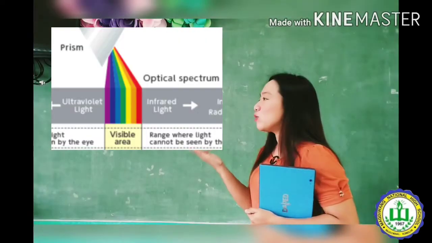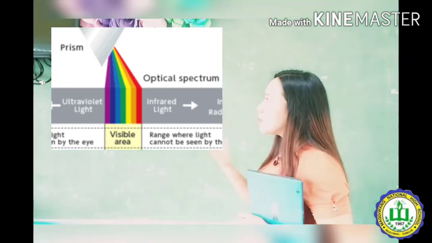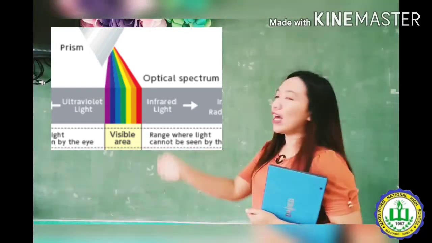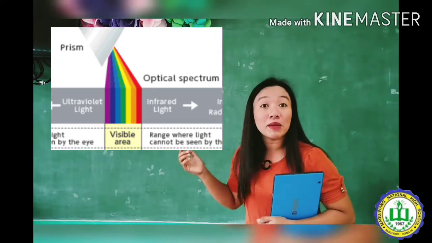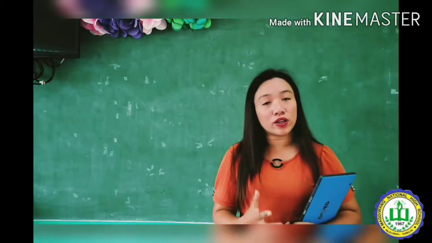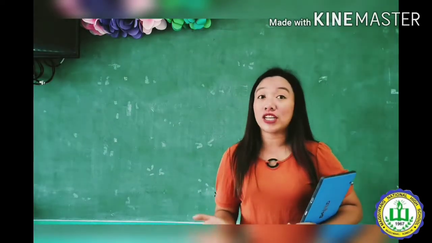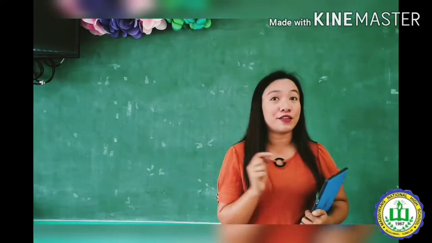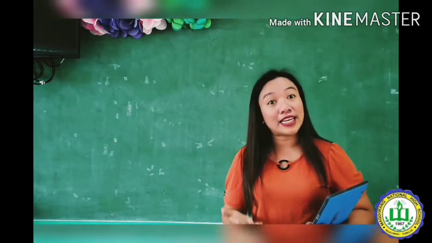So sa iba't ibang frequency dito sa ating electromagnetic spectrum, dito sa ating visible region, sa ating visible light, bawat kulay ay may iba't ibang frequency. At sila ay nagpo-possess ng iba't iba ding energy. Objects appear in different colors because they absorb some colors and reflect or transmit the others. The color the object is reflecting or transmitting is the color of the object na nakikita natin.